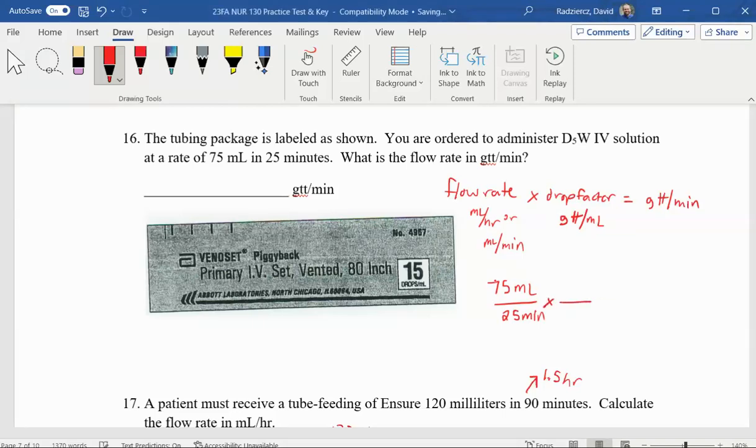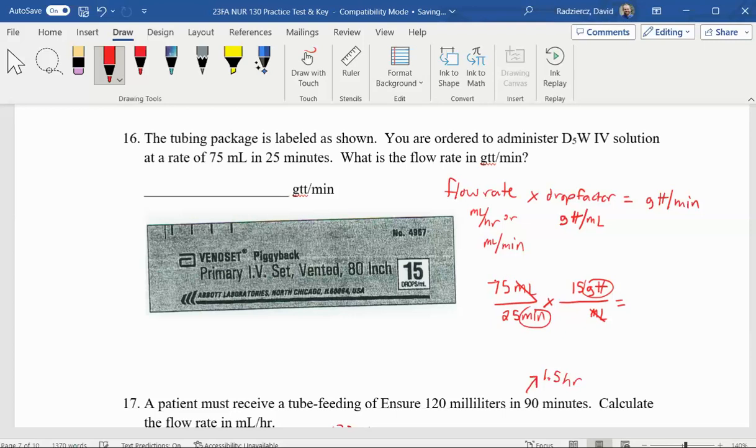I'm going to multiply by my drop factor, which is 15 drops per milliliter. And if you're ever wondering, did I set it up right? That's why dimensional analysis is so helpful, because now I can see the only things remaining are drops and time, minute. So I know I did this right.